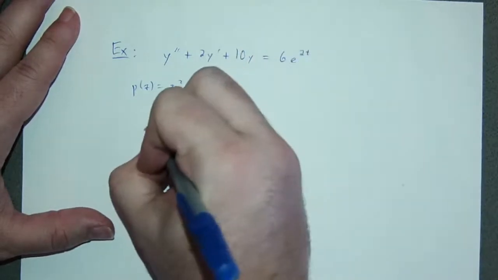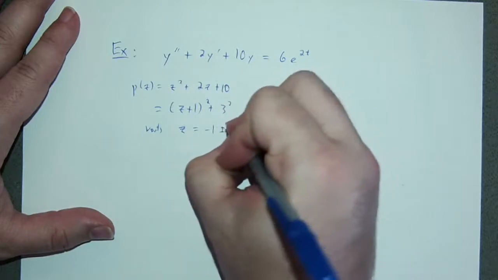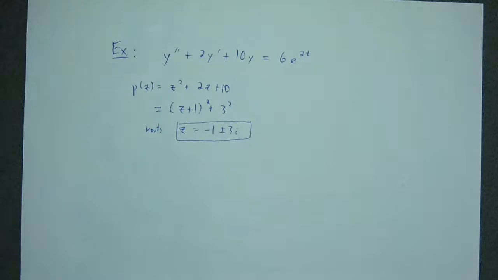So the roots are minus 1 plus or minus 3i.